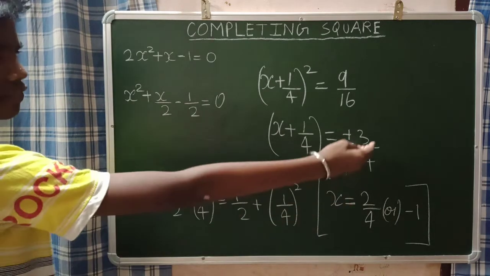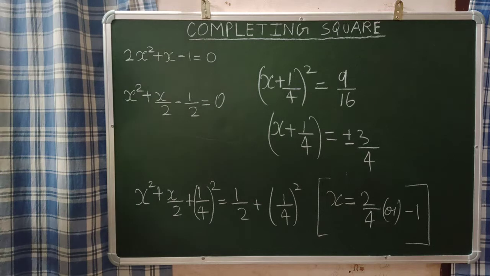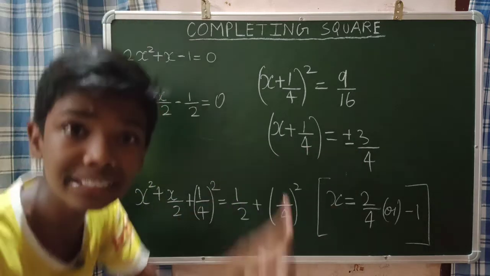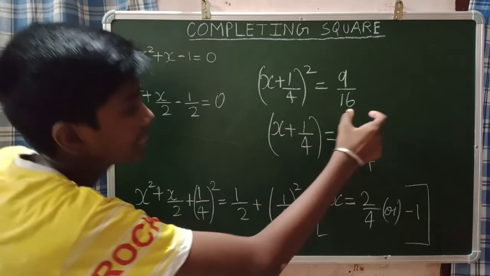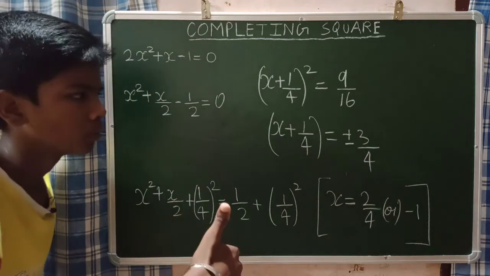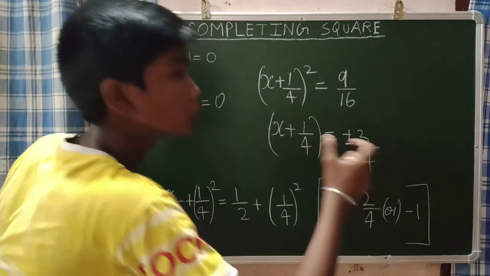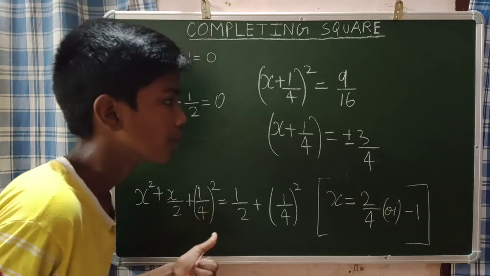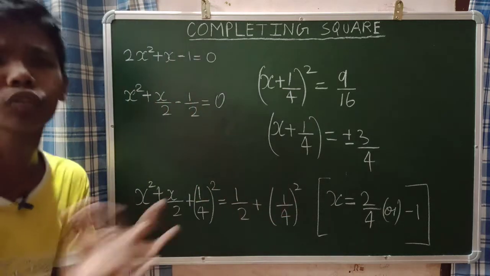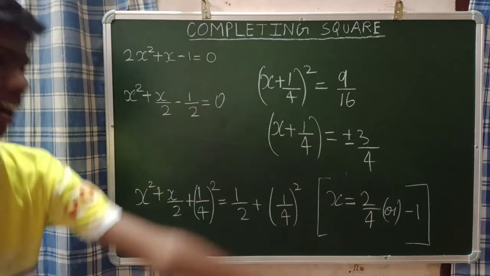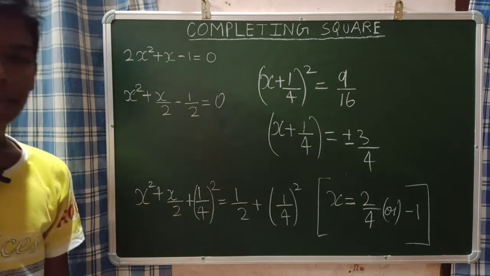When I take this plus or minus 3 by 4 as plus 3 by 4, I will get x as 3 by 4 minus 1 by 4, which is nothing but 2 by 4. 2 by 4 is 1 by 2. When I take it as minus 3 by 4, then I will get x as minus 3 by 4 minus 1 by 4, which is nothing but minus 4 by 4, which is nothing but minus 1. And that's the value of x, and that is something our completing the square method says.